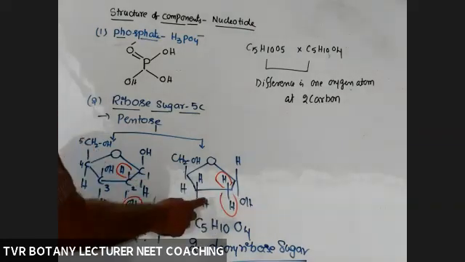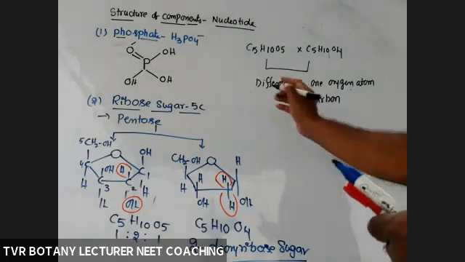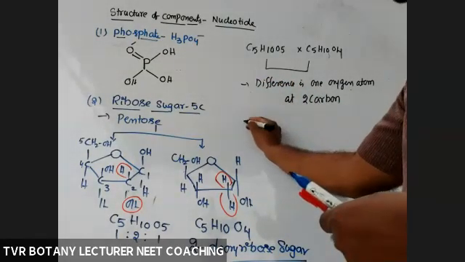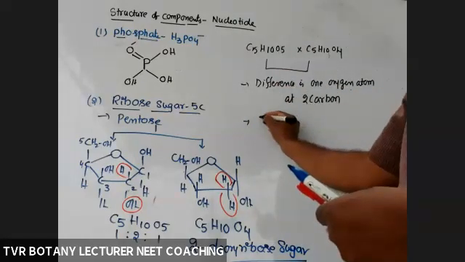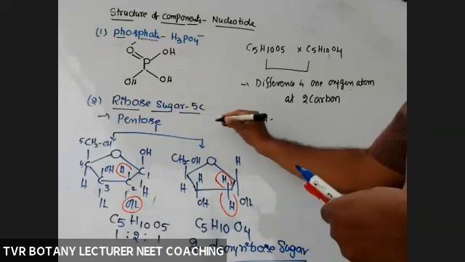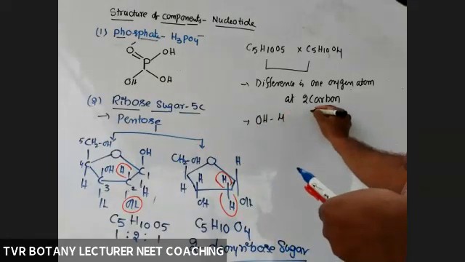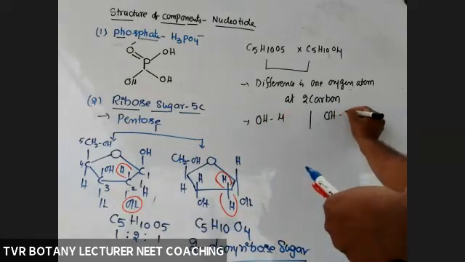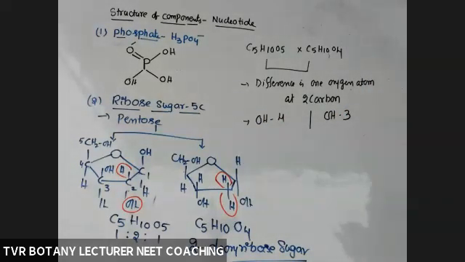Here, 1, 2, 3 only. So because of one oxygen atom, we can create a second difference also. What is that second difference? In this case, the number of OH groups is 1, 2, 3, 4, and here OH groups are 3 only.